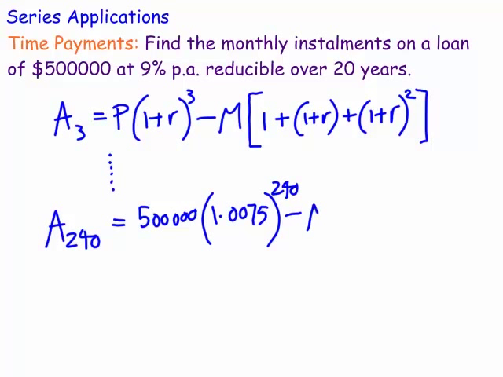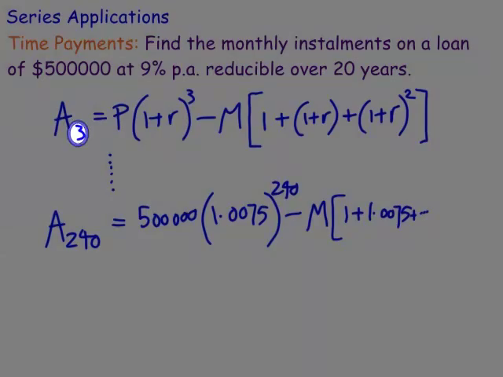Now minus m, again we're going to have lots of these: 1 plus 1.0075 plus dot dot dot. Let's have a quick look at the pattern. This was a 3, this was a 2, so 1 less.